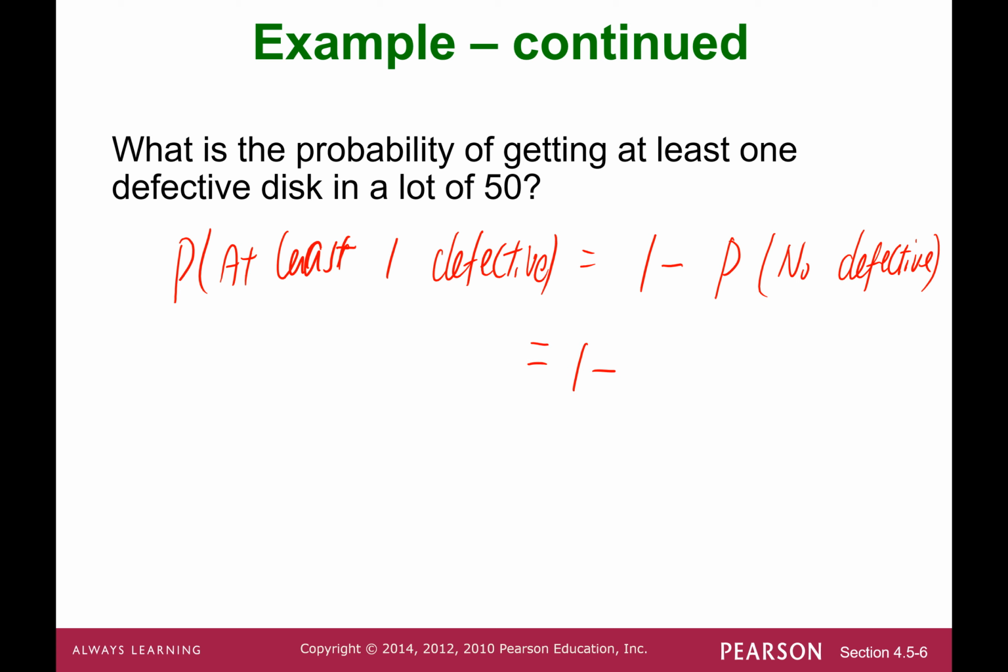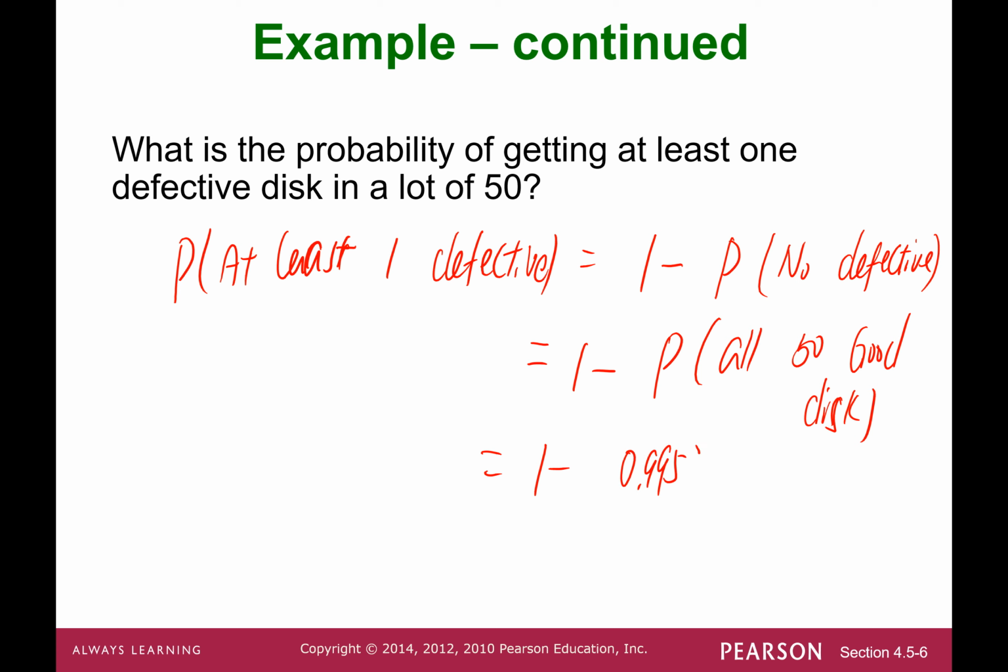So here we're going to do all 50, right? Probability all 50 DVD disks are good. And here the first one being good will be 0.995 raised to the 50th power.